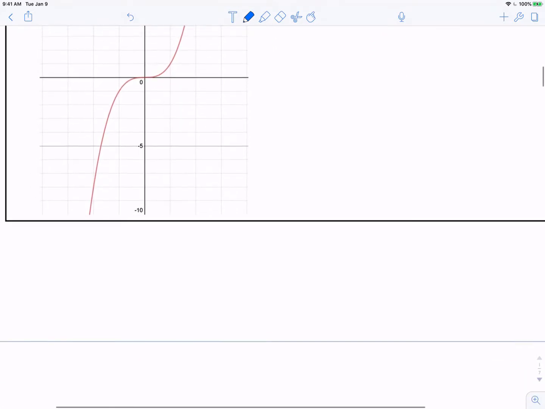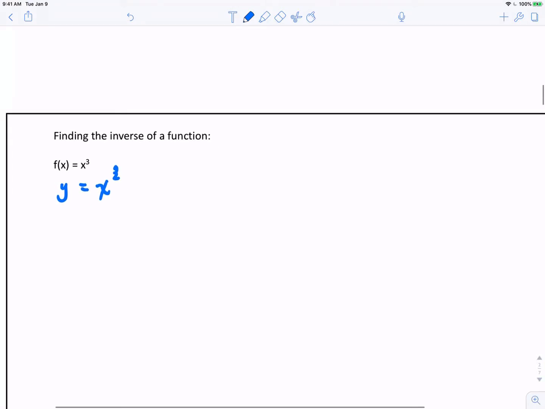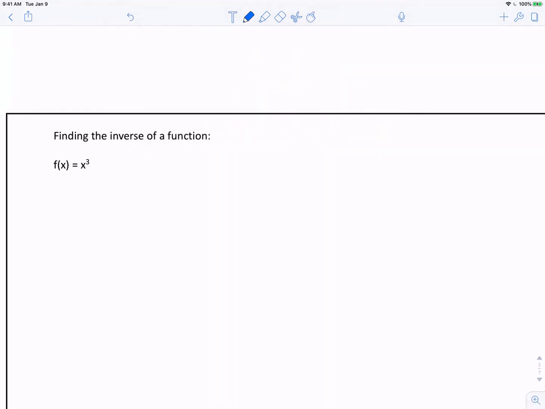So let's remind ourselves how we make the inverse of a function. Let's start from the beginning. We've done this before. The first thing is we're going to use y notation because it's easier to work with.